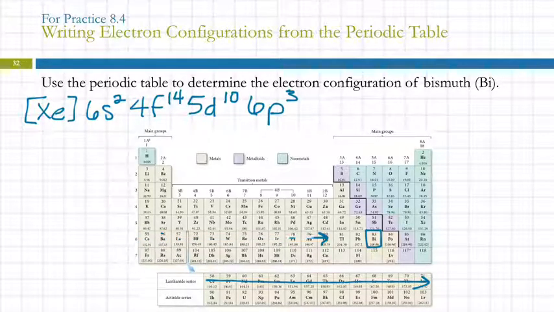So how would we do the whole thing? What if they didn't want the shorthand version? Well, just start at the top. This is 1s, and I'm going through 2 blocks, 1s2.